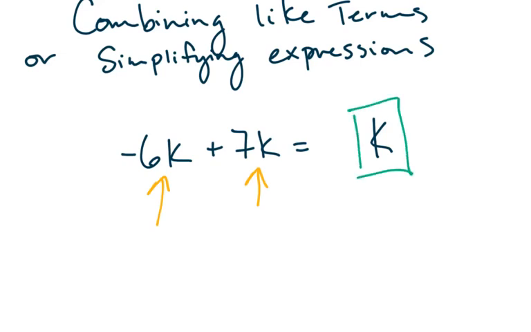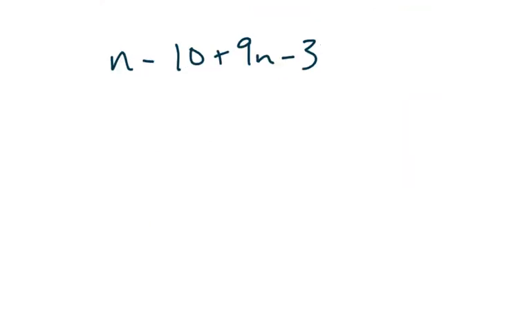Okay? So here's our next one. This has 4 terms: a variable term, a constant term, another variable term, and another constant term. These two are going to be alike. And we always do the variables before the constants.